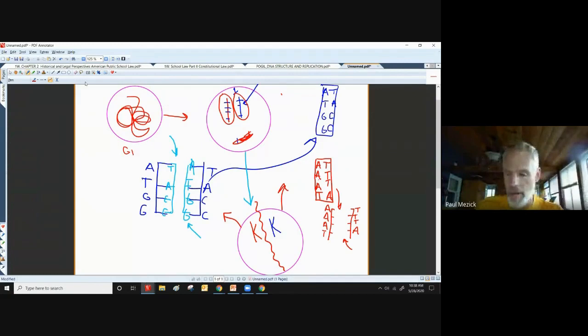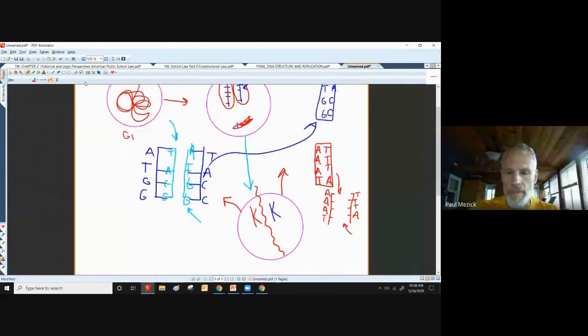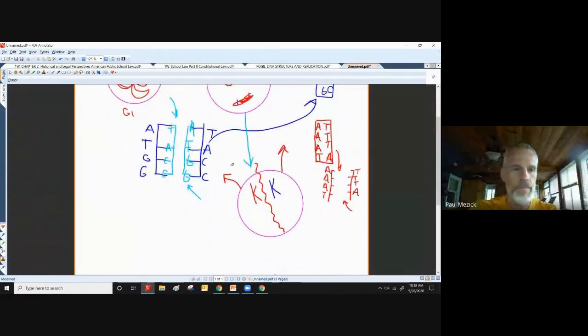So I'm going to just move up a little bit. Let's get rid of that squiggly line. I don't know if I went through this with you, but we'll do this. What actually happens, and you'll see this on Friday, so I'm kind of teaching ahead, there are little structures that appear when a cell starts to get ready to actually divide. Let's make sure we know where we are right now in the cell cycle before we go any further.